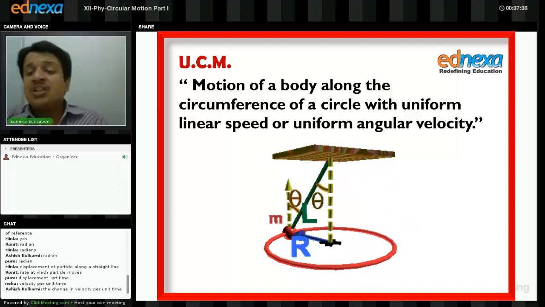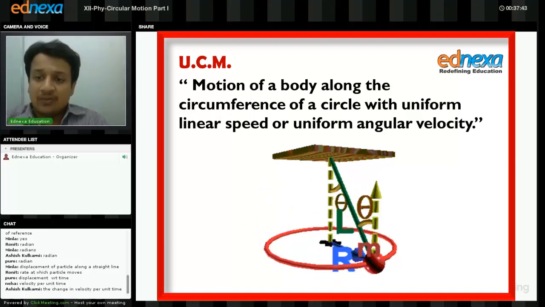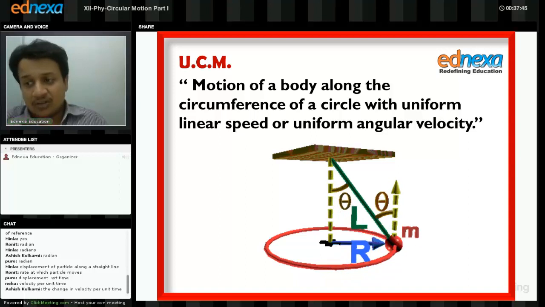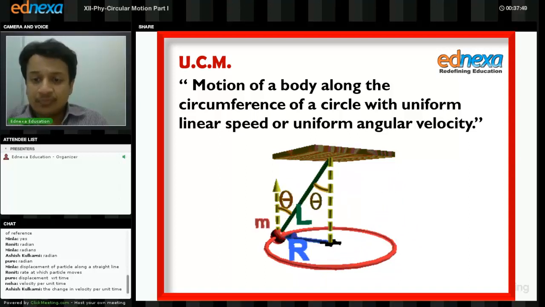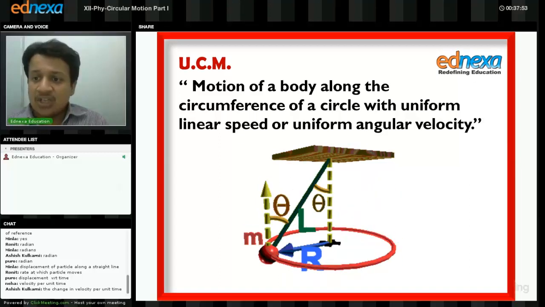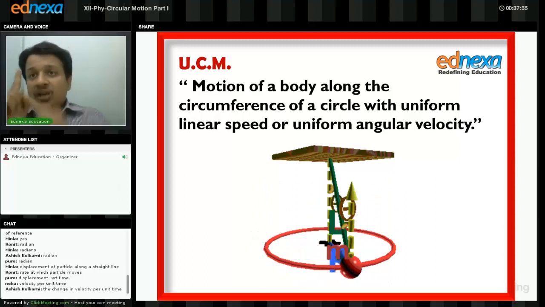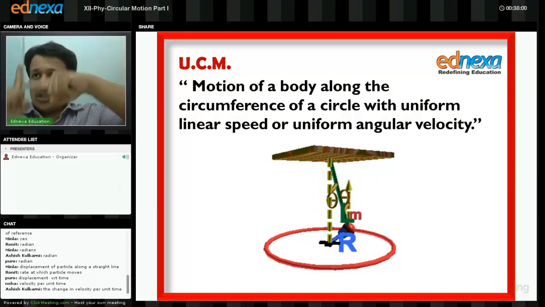See, velocity will change from point to point. How will velocity change from point to point? Direction. We just discussed, no? Velocity is always tangent to the circle. Is it right? At point A, the direction of velocity is this.